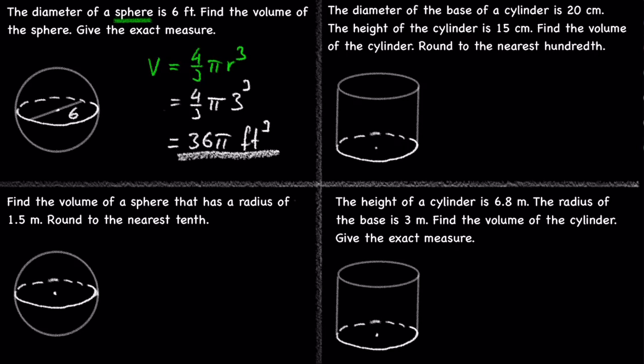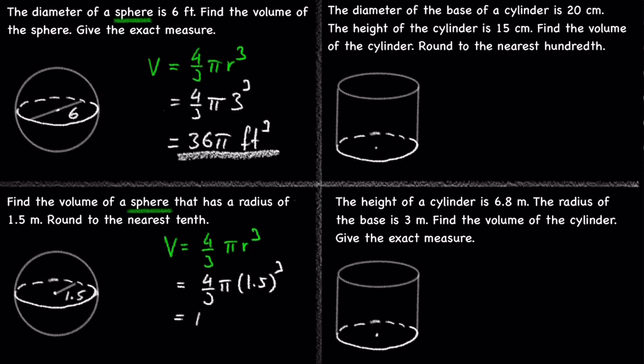Find the volume of a sphere that has a radius of 1.5 meters. Round to the nearest tenth. Again, the volume of a sphere is 4/3 pi r cubed. We're going to plug in the radius, so we get 4/3 pi times 1.5 cubed.